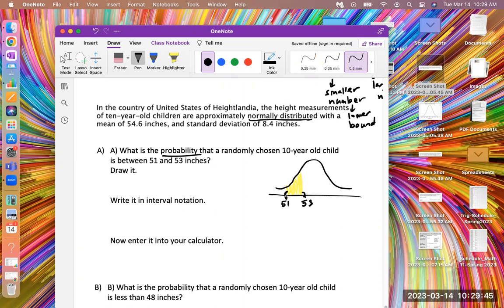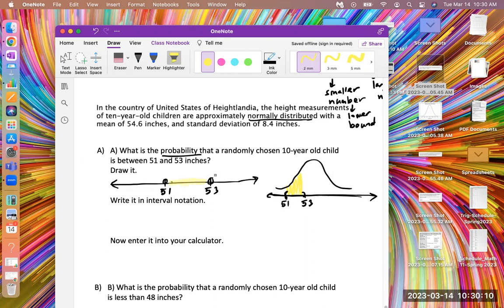So let's draw just the interval on the x-axis so that you can tell the calculator correctly where you want to find under the curve. We just want to find between 51 and 53. So it's going to look like 0 at 51, 0 at 53, and all the values between. That's what it looks like on the number line.